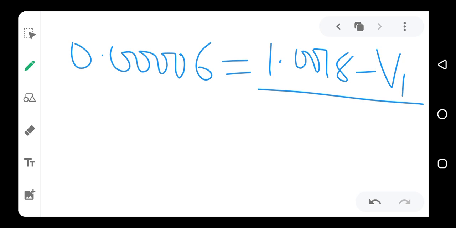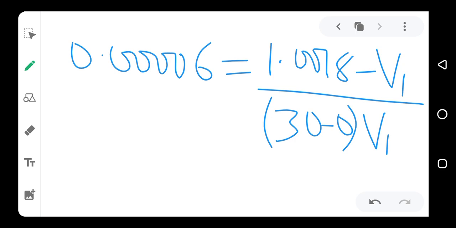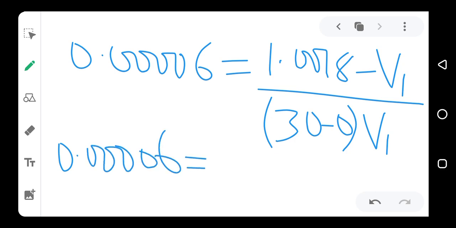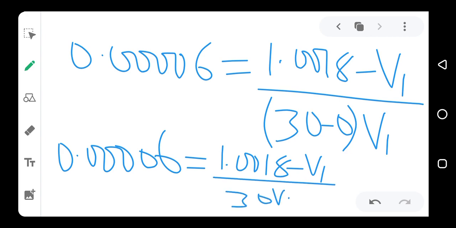We are only given one temperature, so we are given the temperature change directly, which is 30 minus 0, then times the initial volume, which is V1. So 0.00006 is equal to 1.0018 minus V1 over 30 V1.